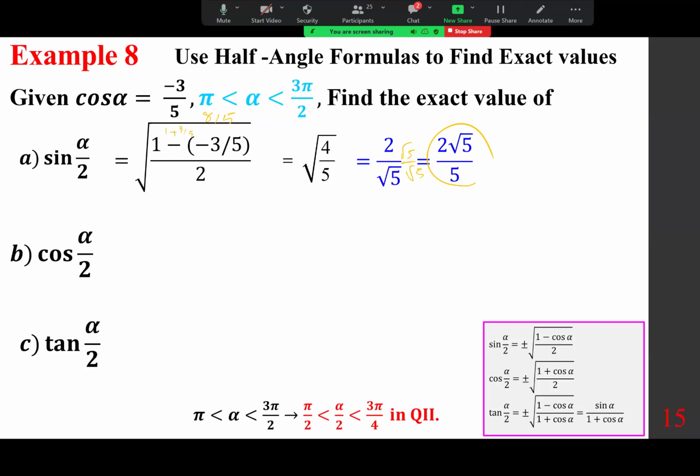We are going to do the same thing here, but cosine is negative. We are going to use minus the square root of 1 plus cosine alpha over 2. So we're going to put minus the square root of 1 plus negative 3 over 5 divided by 2.